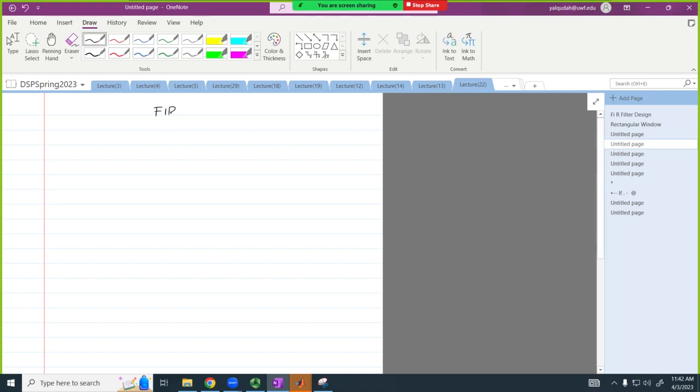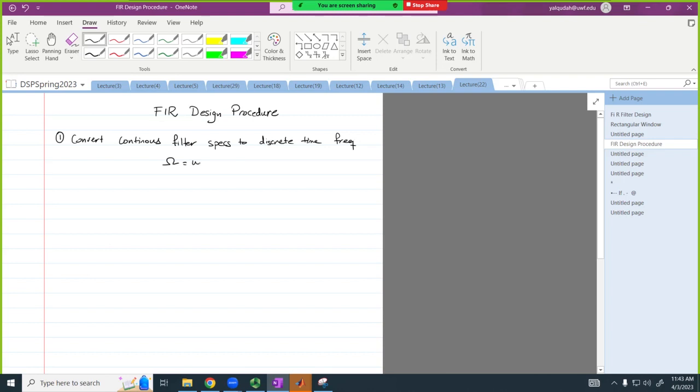So how do we design an FIR filter? The first thing, we're going to convert the continuous frequencies or the continuous filter specs to discrete time frequency or discrete time specs.